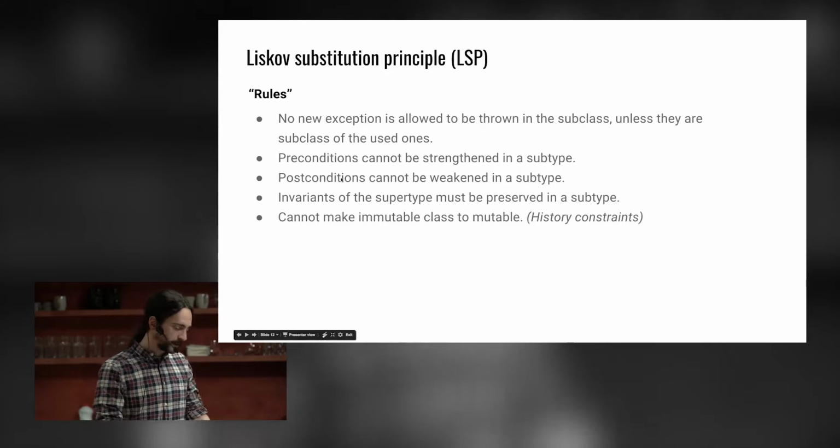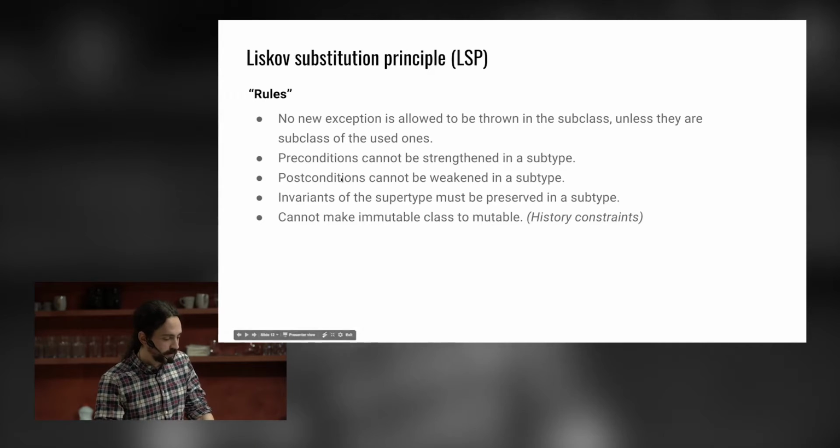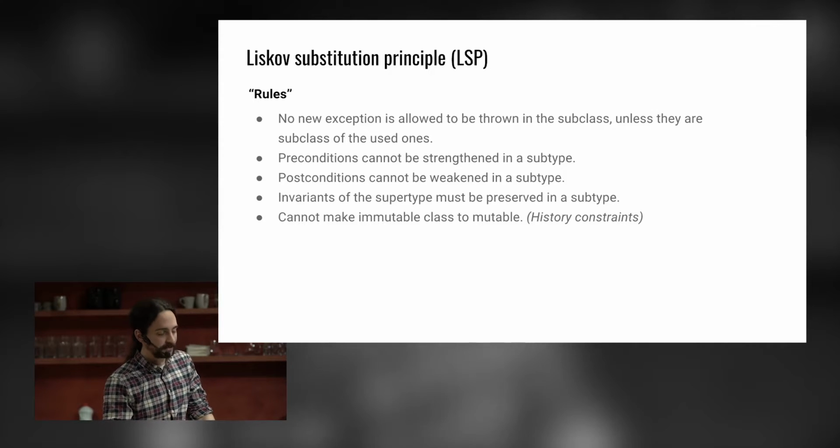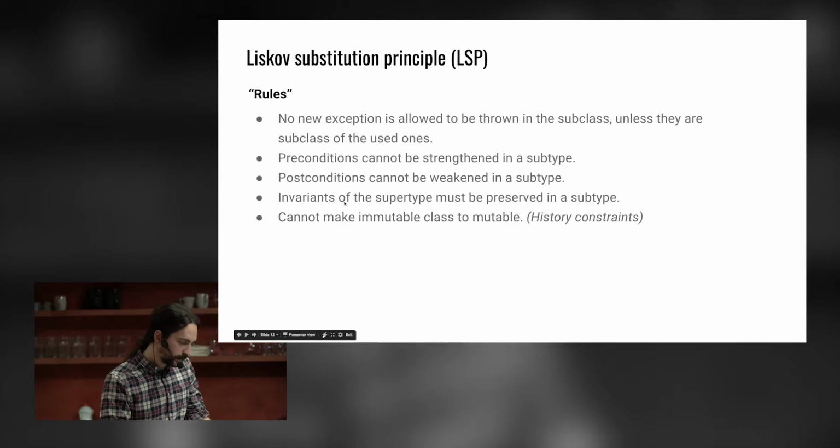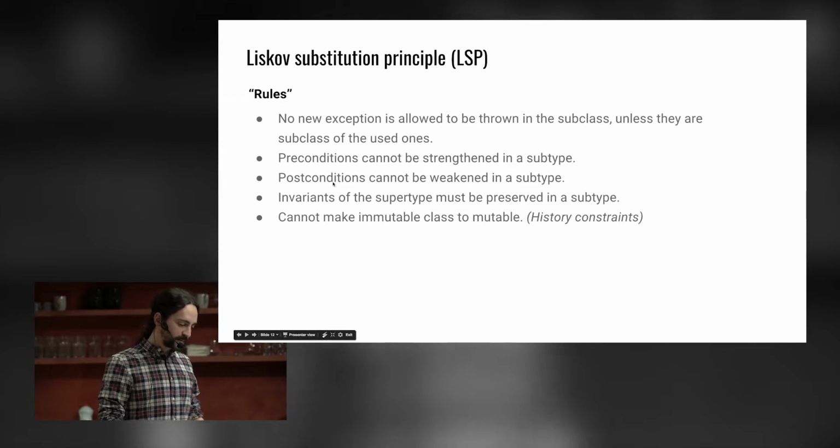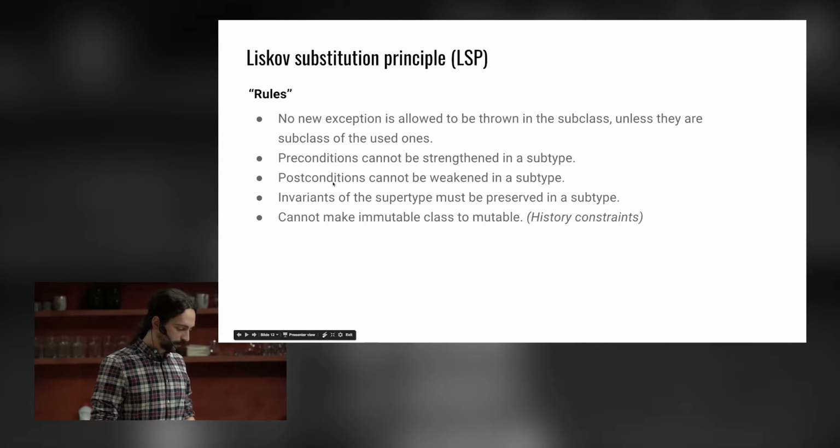Postconditions: we should pay attention to what the postconditions in the base class are. For example, we are extending a database class, and after each transaction in the base class, the database is closed. We should do so in the subclass. Invariants of the supertype must be preserved.